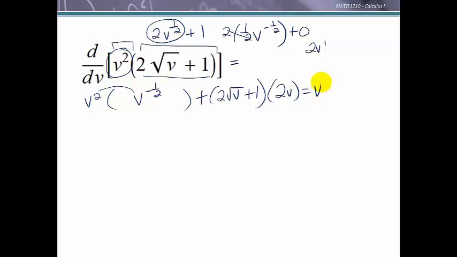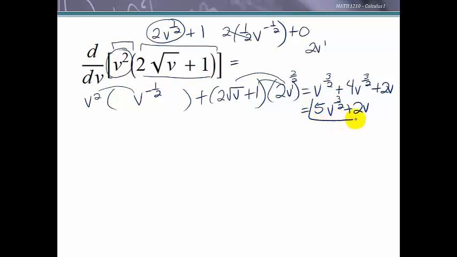So 2 minus 1/2 would be v to the 3/2, plus distributing this one through, we have 4v to the, this is 1, which is 2/2, of course, 2/2 plus another 1/2. So this would be a v to the 3/2, and then plus 2v. Now we have some like terms we could combine, so we have 5v to the 3/2 plus 2v for our derivative of this product.